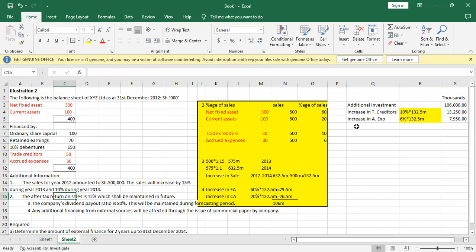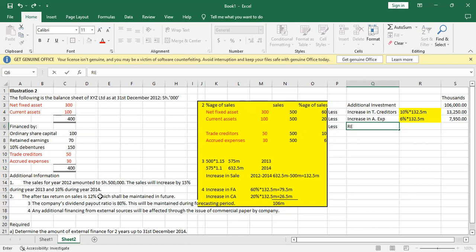So let us less the retained earnings. Let me abbreviate them as RE. So our retained earnings, we've been told, is 12%. So I'm getting 12% of the sales, right?